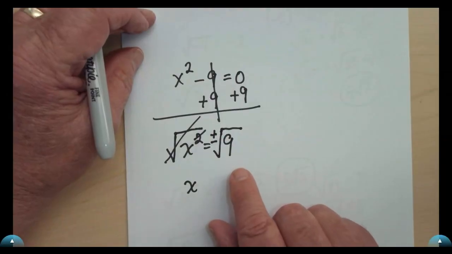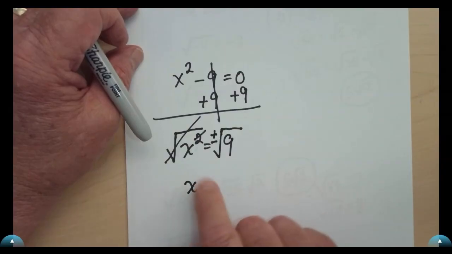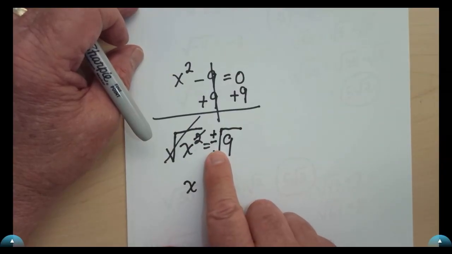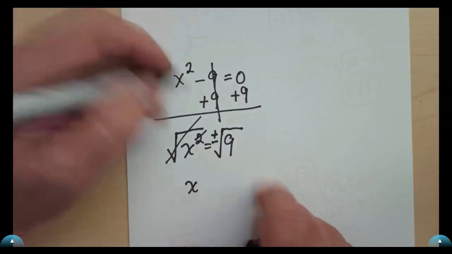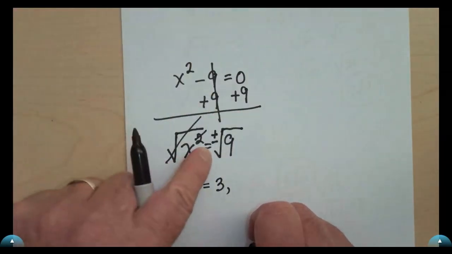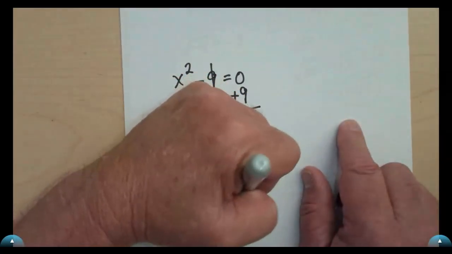Both of those numbers turn out to be solutions to this equation. So when we solve an equation like this, we always want to put that little plus or minus symbol in front of the square root, to say that we want the positive version of the square root of 9, which is 3, but we also want the negative version, which is negative 3.